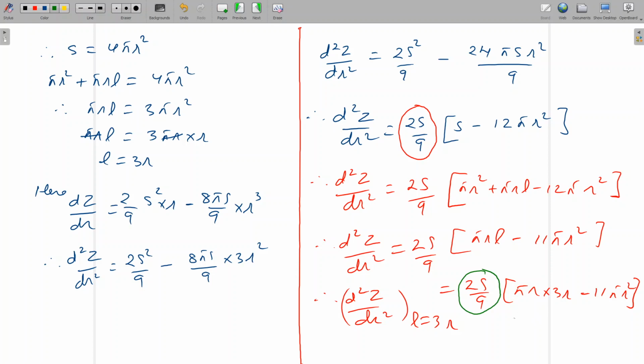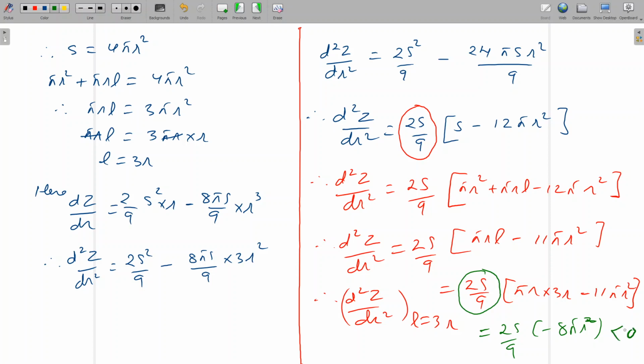So your final answer will be equal to 2s by 9 into 3 pi r square minus 11 pi r square, so minus 8 pi r square. If you multiply that, we will be getting minus 16 pi s r square by 9, and that is less than 0. So this is less than 0.